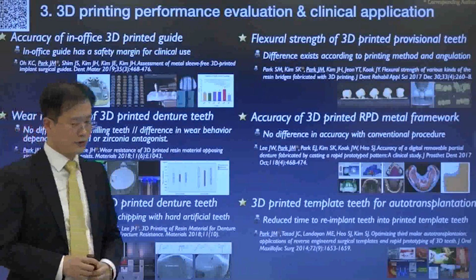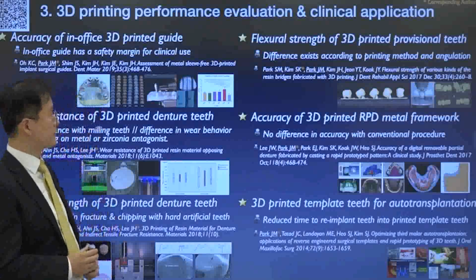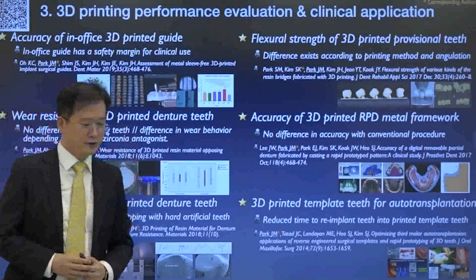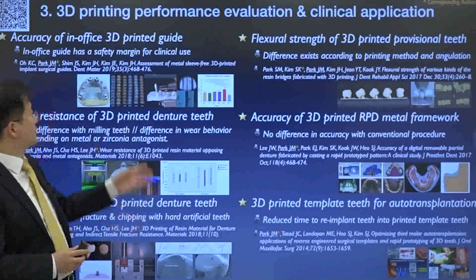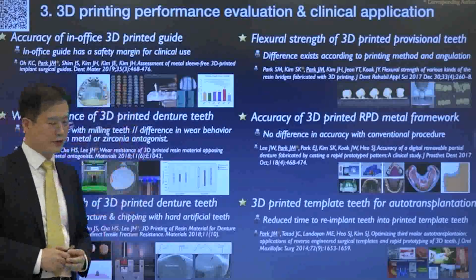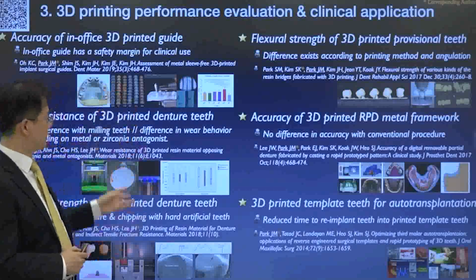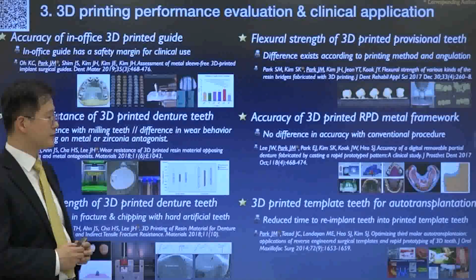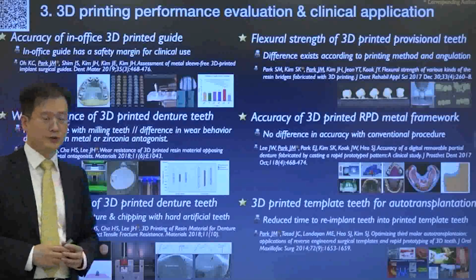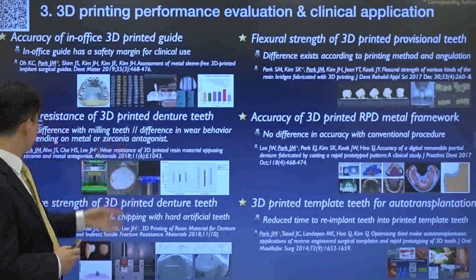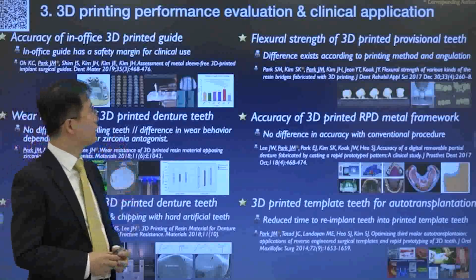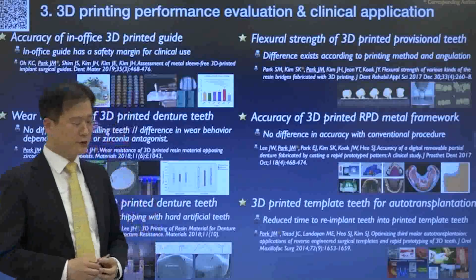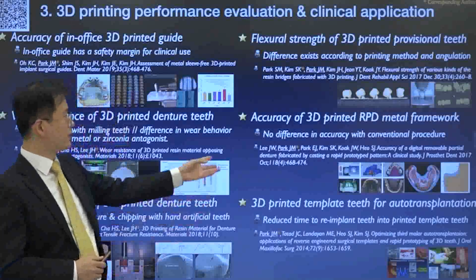You can also review the research about 3D printing performance evaluation, such as implant surgical guides and artificial teeth that are printed with 3D printers, wear resistance, fracture strength and flexural strength of 3D printed provisional teeth, and metal framework.